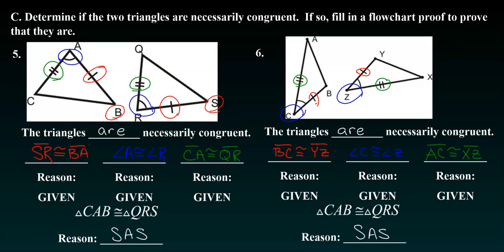That is angle C is congruent to angle Z. And then there is another side that I marked in green, and that is AC is congruent to XZ. And because we have that, triangle CAB is congruent to triangle QRS because of side angle side.